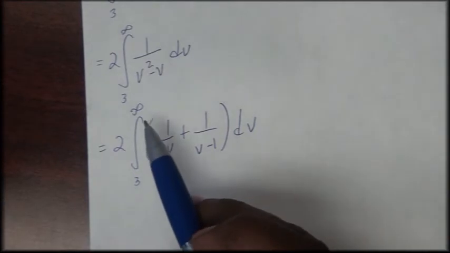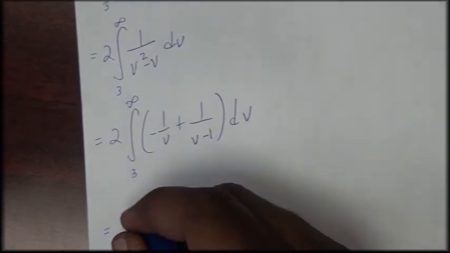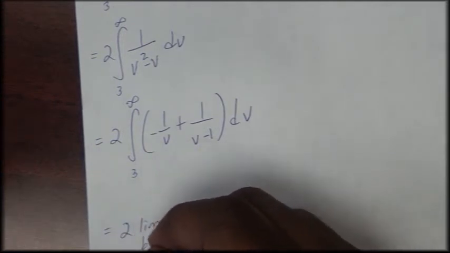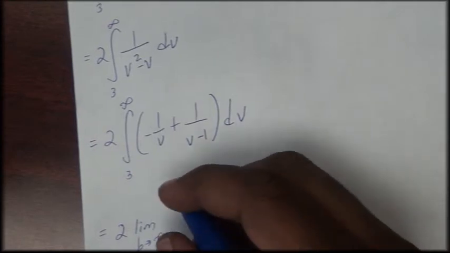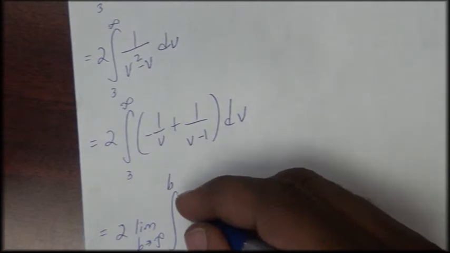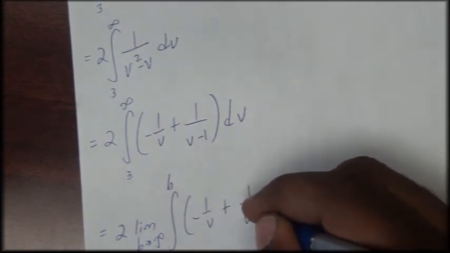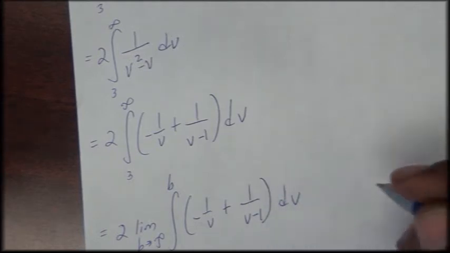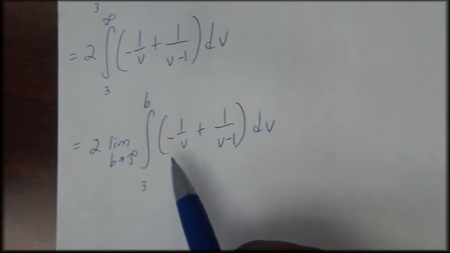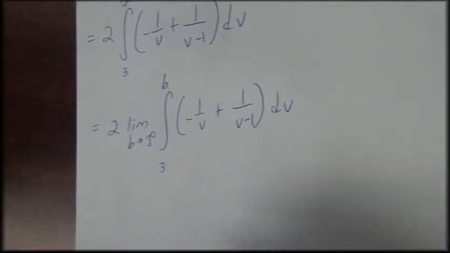Next, we'll incorporate the limit since we have an infinite limit. So I'm going to write this as 2 times the limit as b approaches infinity of the integral from 3 to b of negative 1 over v plus 1 over v minus 1 dv. Next, I'll integrate negative 1 over v and 1 over v minus 1.